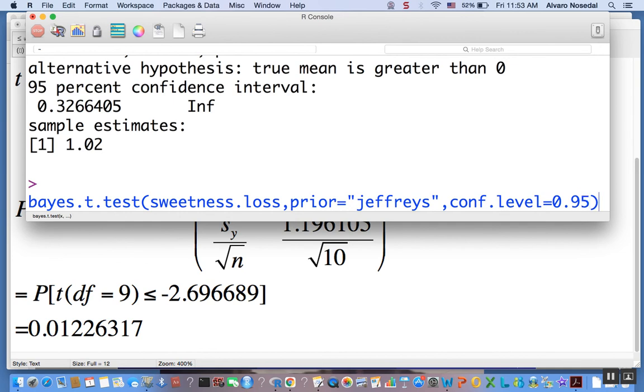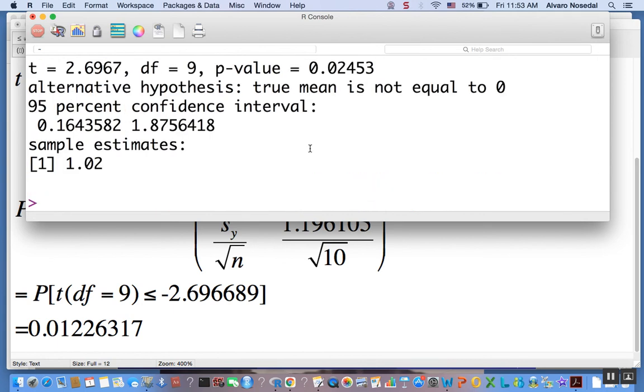In this case it's a probability level. So that's our 95% credible interval for mu. You can try and find it by hand, and you'll see that you will end up with something like this. Make sense?